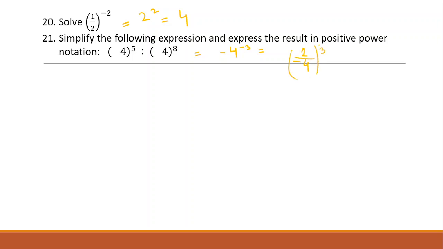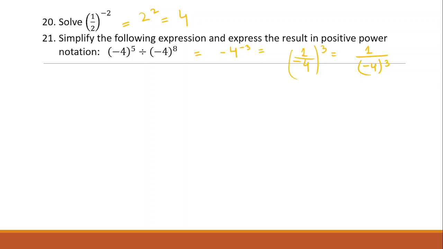Whole cube, or you can say 1 divided by negative 4 to the power cube. Okay, both are the same thing. So this is your answer, if I am not wrong.